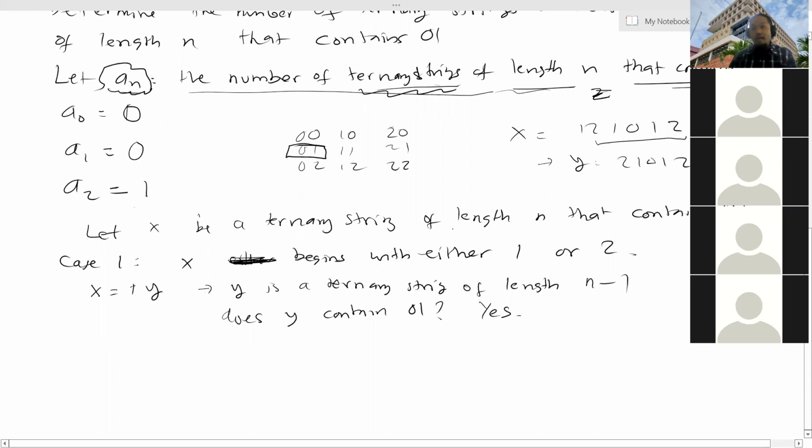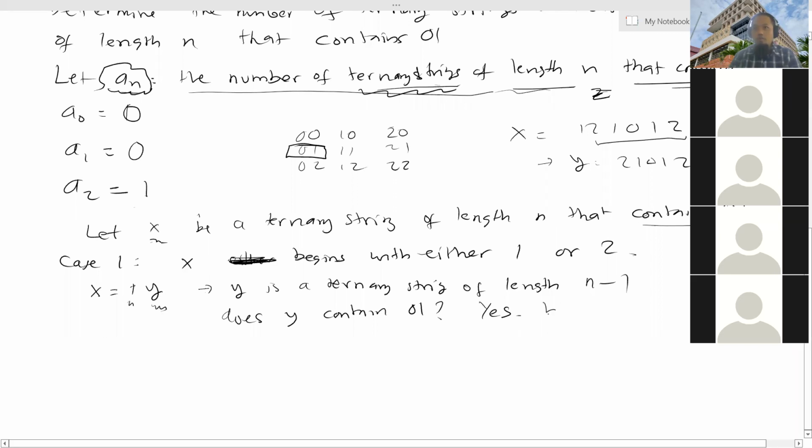To be more precise, you know that X contains 01, and X starts with 1, so the 01 piece must be inside y, right?